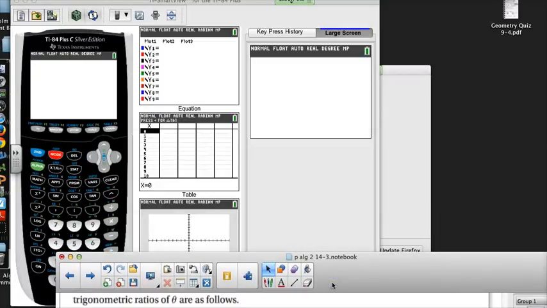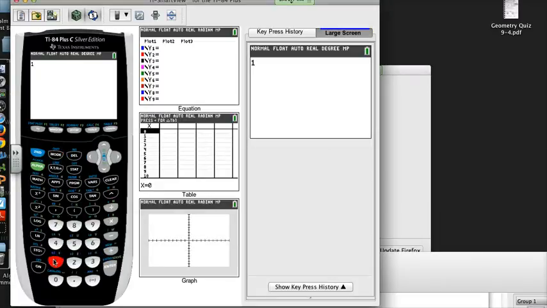All right, so we have this set in degree mode. Now I'm going to need 17.5, and you can punch in times or not. The calculator really could not possibly care less if you put that multiplication in there. It knows what it's supposed to do. And I'm just going to finish off those parentheses.